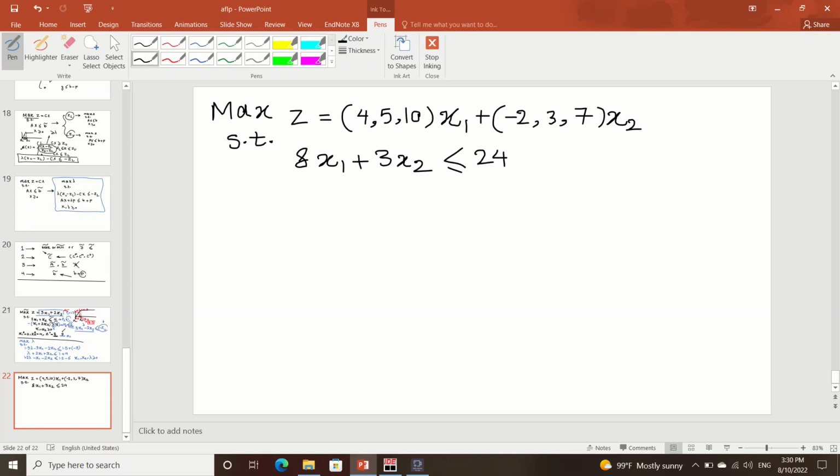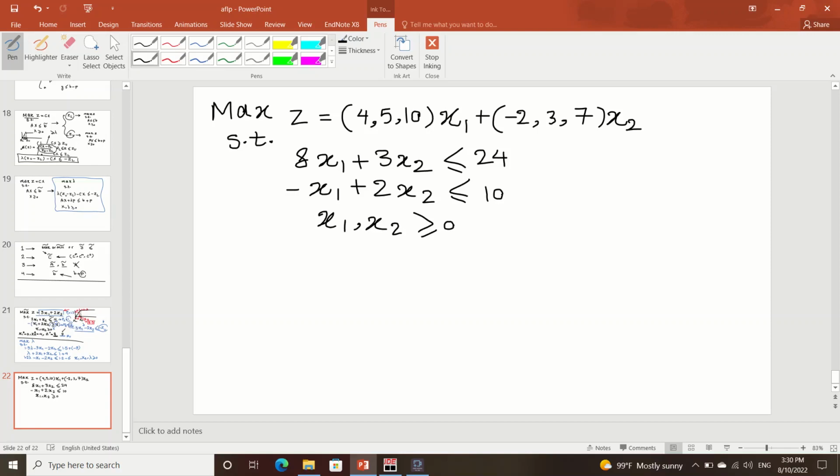And we also have another constraint, minus x1 plus 2x2 is less than 10. x1 and x2 are non-negative. Okay.